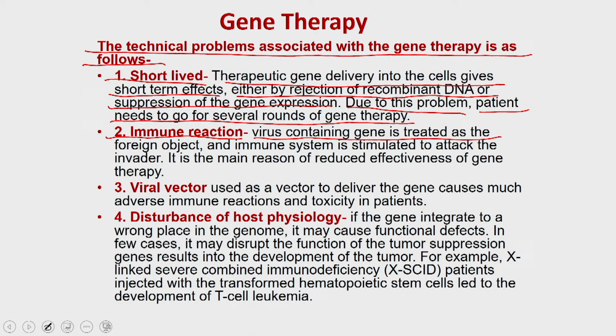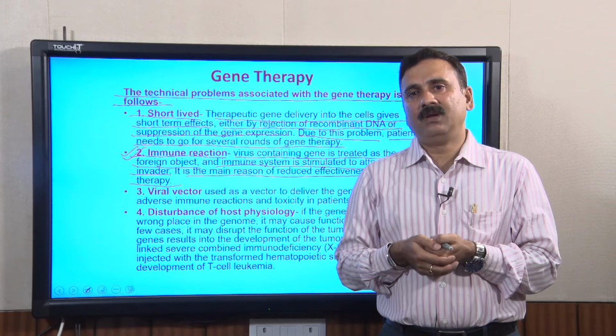The virus containing the gene is treated as a foreign object, and the immune system is stimulated to attack the invader. It is the main reason for the reduced effectiveness of gene therapy. This is a very serious problem, because once you inject the virus containing genes into a human being, the human body has a very pronounced and reliable immune system.